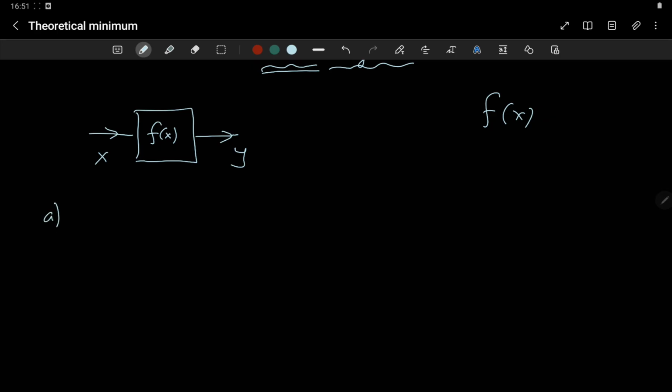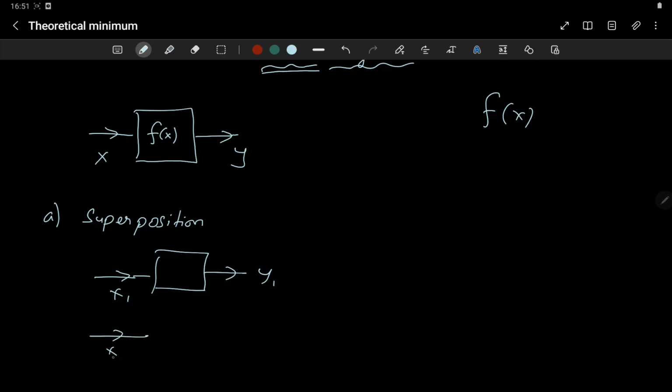Superposition. So for this function, if I give x1, say I'm getting y1, and if I give x2, I'm getting y2.